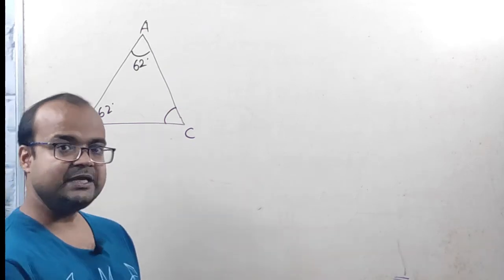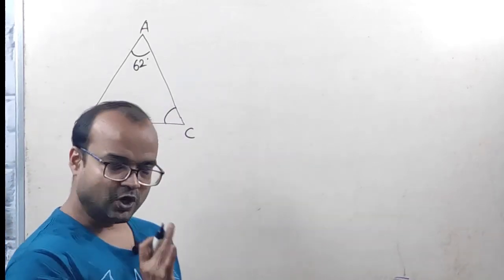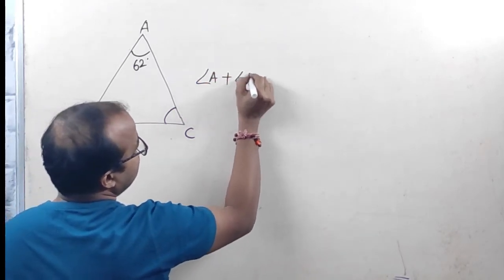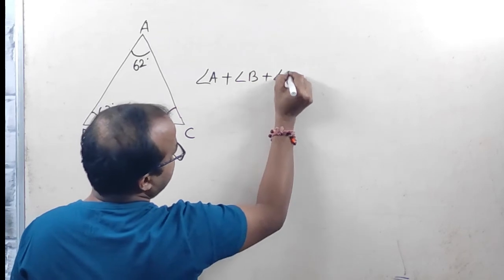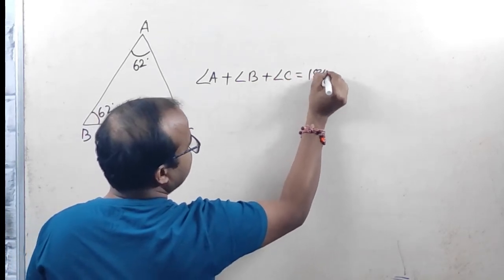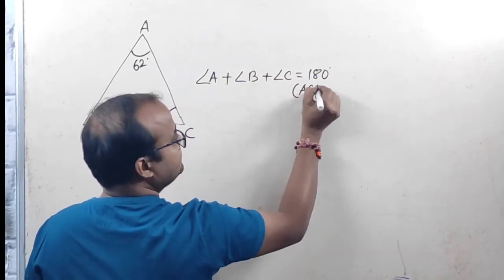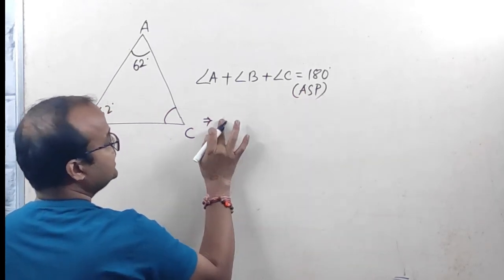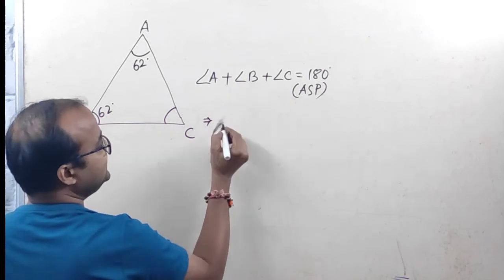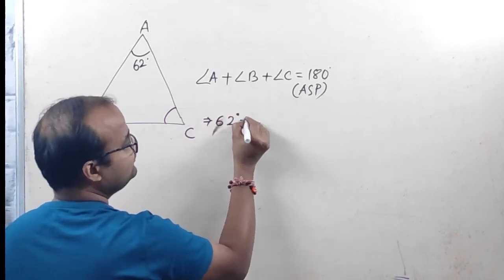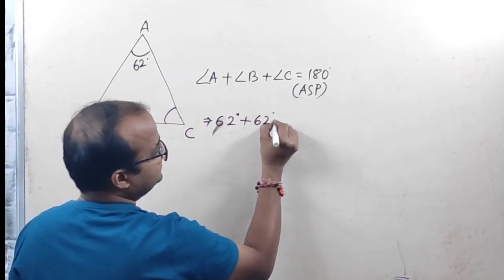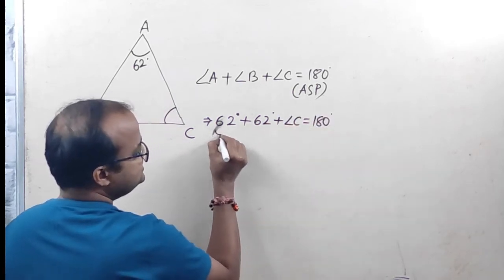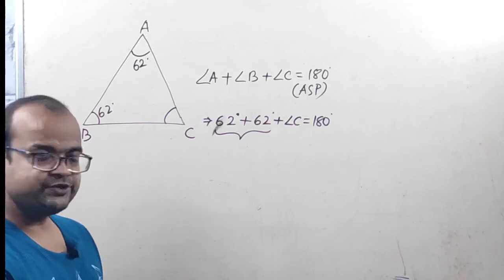So if we apply the angle sum property of a triangle, we can say that angle A plus angle B plus angle C equals 180 degrees. Angle sum property. So now in place of angle A and B, substitute the values of angle A and B, plus angle C equals 180 degrees. 62 plus 62 is 124.